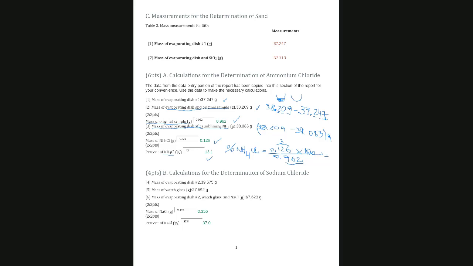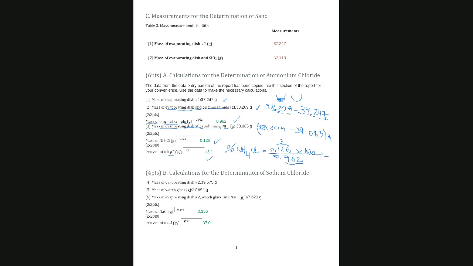Okay, so then we'll go to part B. You remember what we did after we sublimed the ammonium chloride. We decanted to a second evaporating dish after we added water. So here, how do I calculate the mass of sodium chloride?